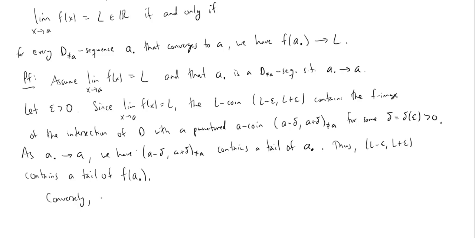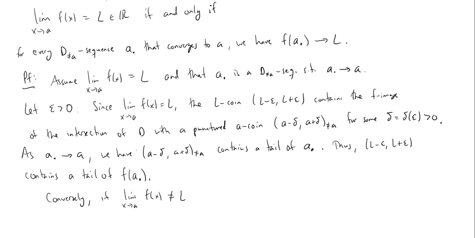Okay, so if the limit as x approaches A of f of x does not equal L, we want to find a D not equal to A sequence that converges to A, but whose F image does not converge to L. Okay, so that's the plan.